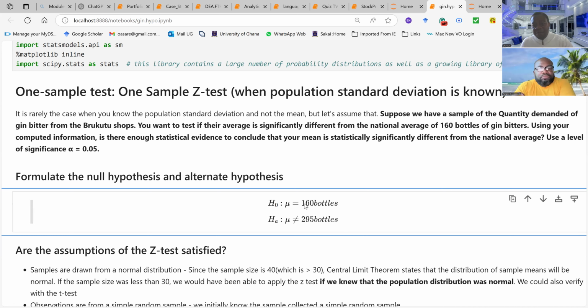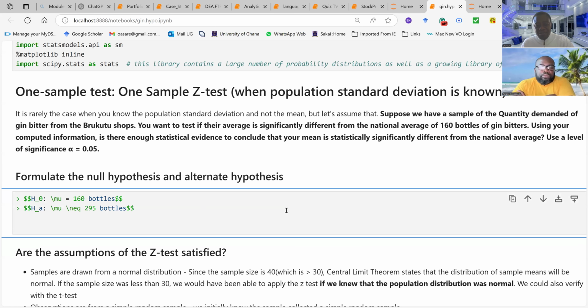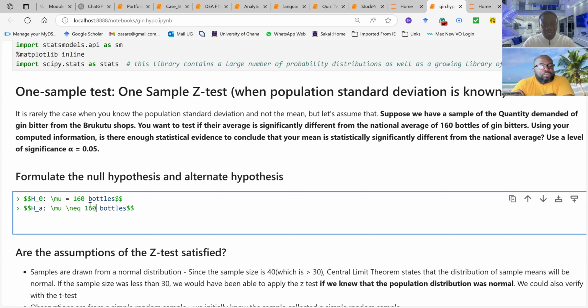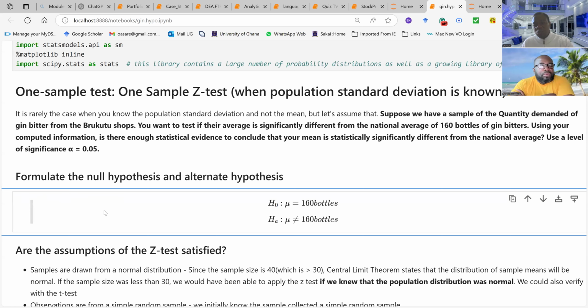So you have the mu, equal to 160 bottles, and then you have the alternative, not equal to 160 bottles. So you've been able to formulate the null and alternative hypothesis. By the way, you will always have to formulate this null and alternative hypothesis. Always, always, always. That's why I'm going through most of them. Now you're done with the first step.